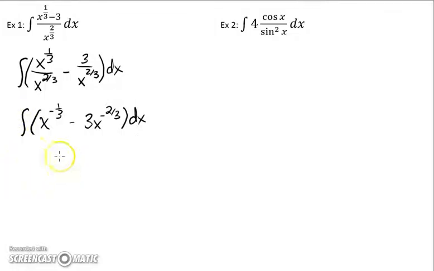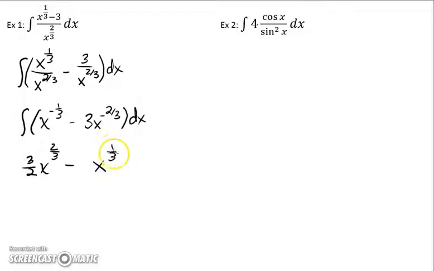So our power rule is increase our exponent by 1. So our exponent is going to be 2/3. And then divide by your new exponent. So we need to divide by 2/3, which is really just going to be multiplying by 3/2. Increase your power by 1, that's going to be 1/3.